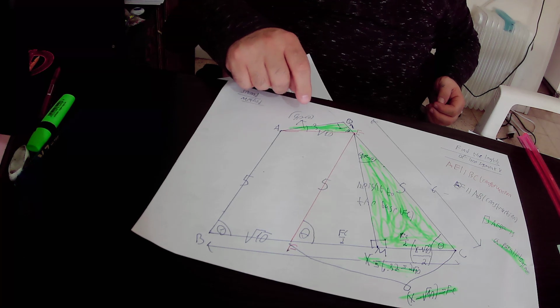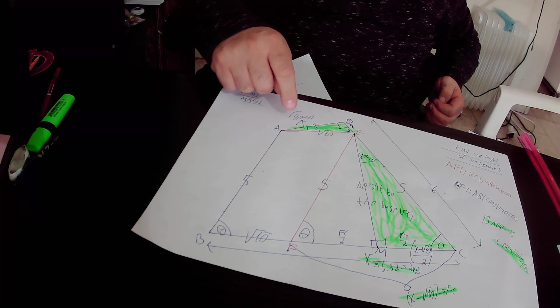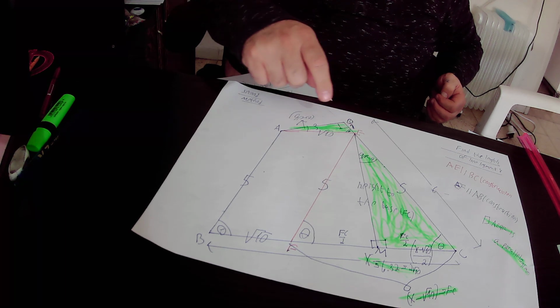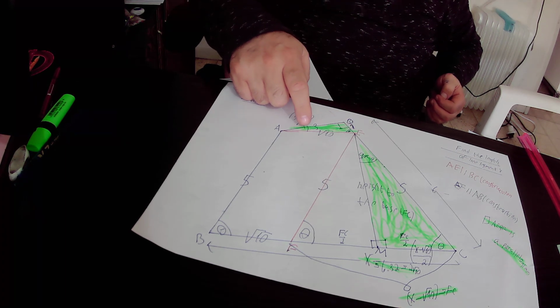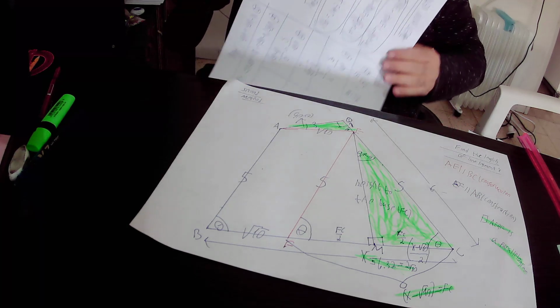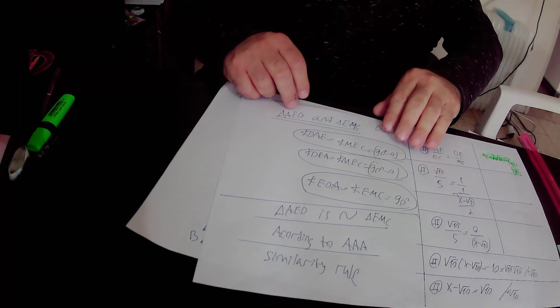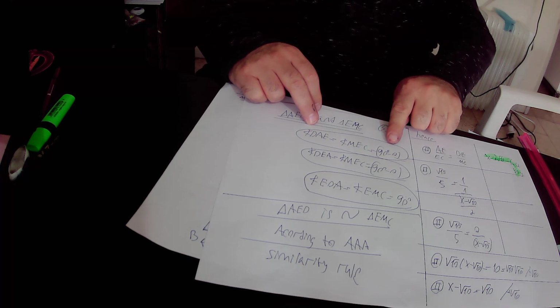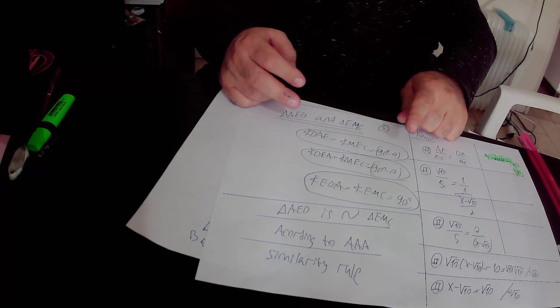Likewise, in the small right green triangle ADE, this angle equals 90 degrees. This angle equals theta. Therefore, for the same reason, this angle must be equal to 90 degrees minus theta. So in those two right green triangles, angle DAE equals angle MEC, and both angles are equal to 90 degrees minus theta, therefore they are equal to each other.